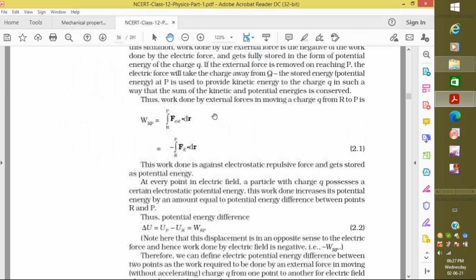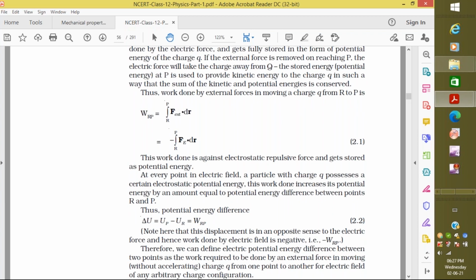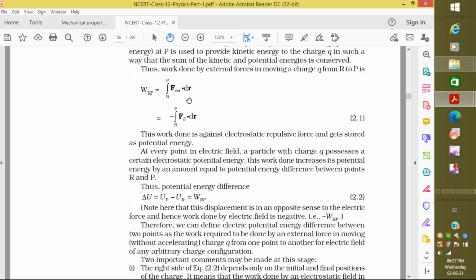So this is what has been written over here. The work done by the external force in moving a charge Q from R to P is the integration from R to P of external force into dr. The external force is exactly equal to the electric force, or the Coulombic force, the force exerted by the electric field. So that has been written here, minus E, opposite as I said.